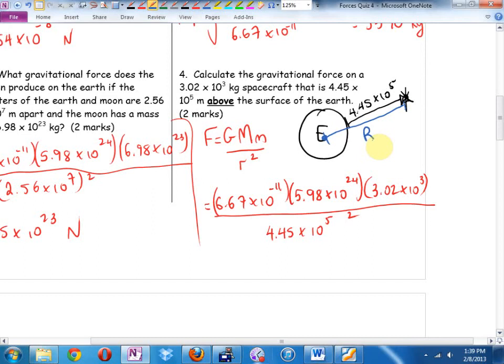Did you hear him? Add the radius of the Earth. What I need to do is really do this: radius of the Earth plus how high above the Earth you are, that whole thing squared.